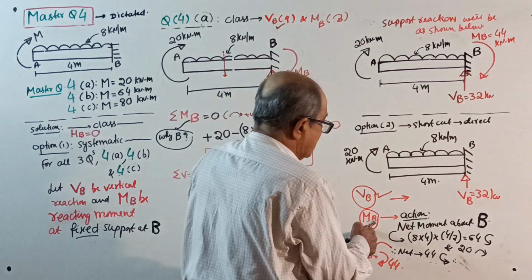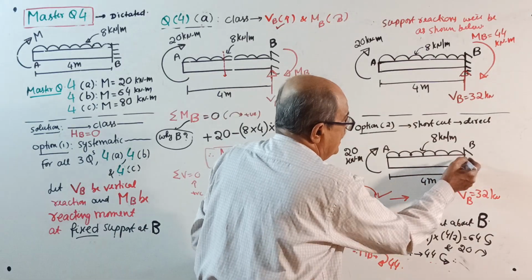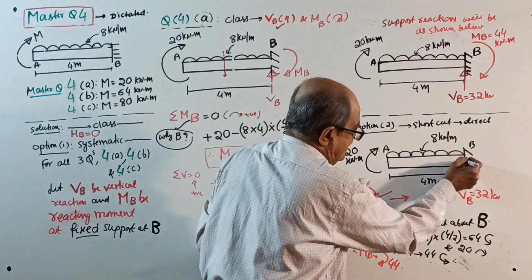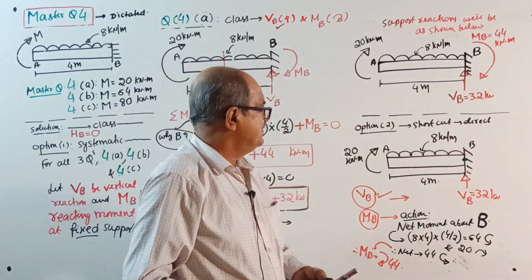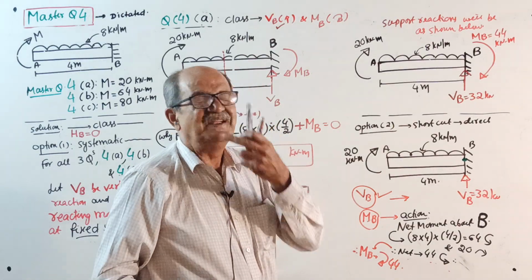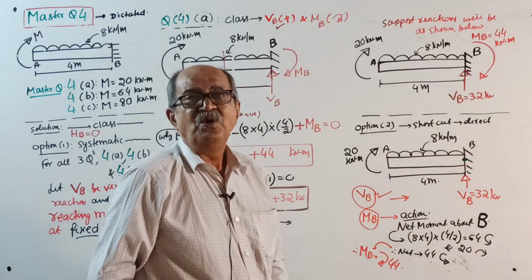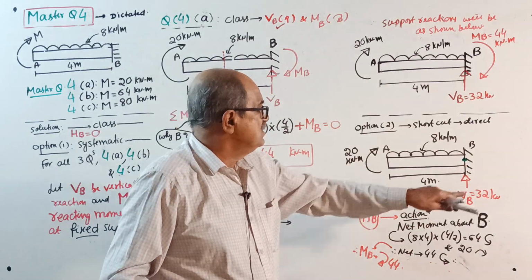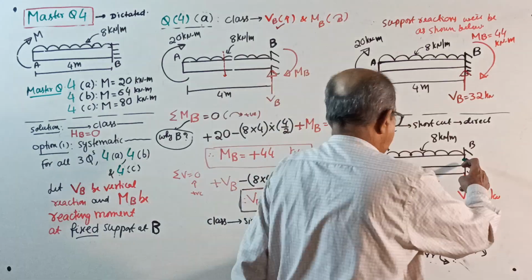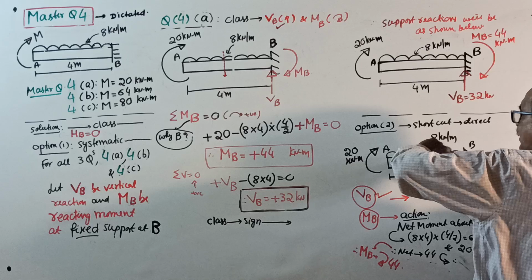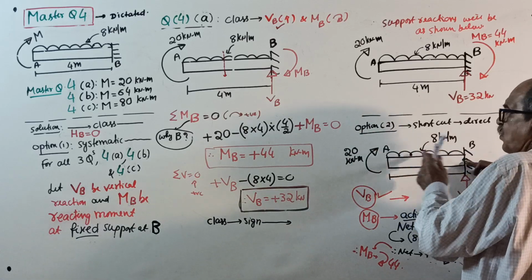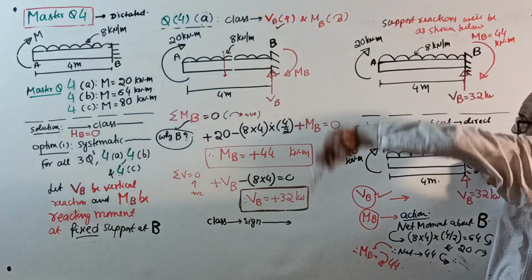Now action for moment. Remember, finger should be here at B. Again, sometimes I repeatedly tell the reason because we want to know the net action about the fixed end, so finger should be here. See here, net moment about B: I'll take UDL, 8 into 4 into 4 by 2, is anti-clockwise.